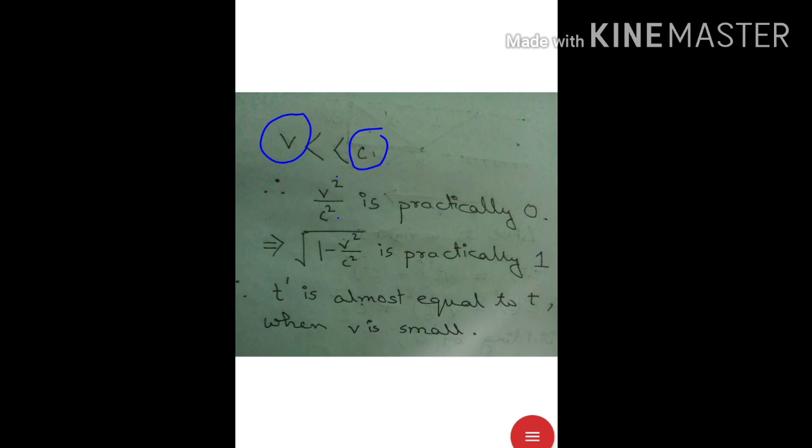Taking the square root, we get 1. So this denominator is becoming almost equal to 1. Or we can just say that t dash is almost equal to t. That's not actually equal, but t dash is close to t. That is why we do not observe anything in our everyday life, because in our everyday situations, v is so small compared to c that we don't observe it.